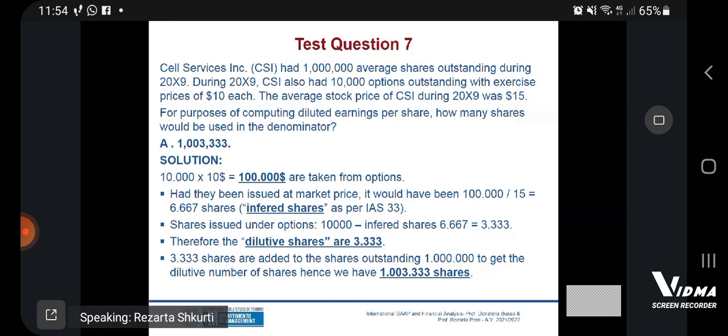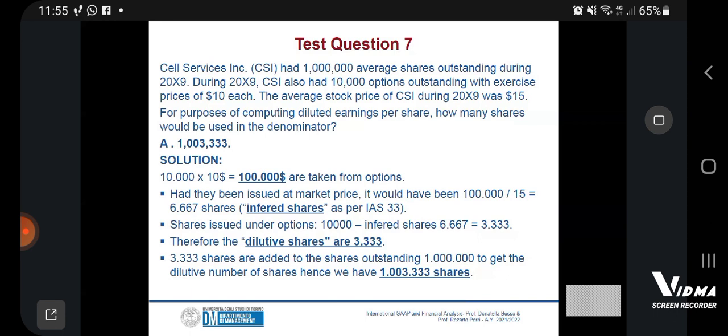This means that if we are issuing something at a price below the regular market price, we are missing something. Whenever we give an option or a right to someone to buy a share or to exercise an option with a price lower than the market, the company is losing something, and we have to calculate this assumed loss. In this case, these are the inferred shares, okay?